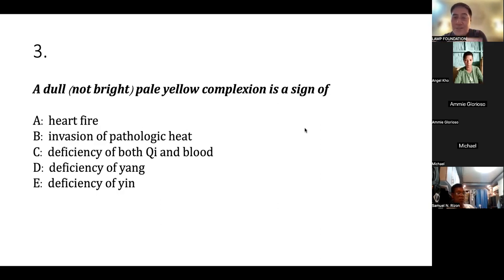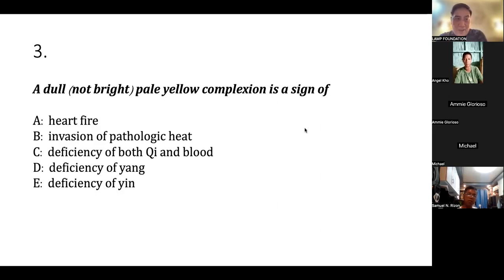What's the difference between excess heat and yin deficiency with empty heat? Yung too much heat, like meron ng fire, meron ng heat in the heart. Excess heat. Anong difference? Look at the coating.